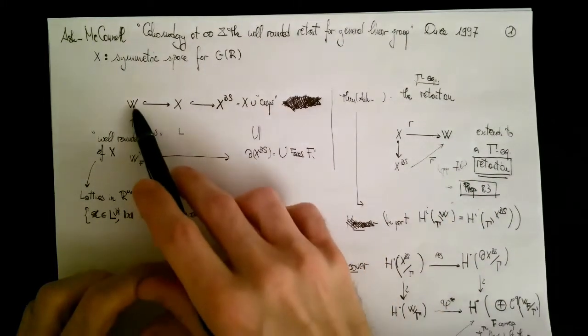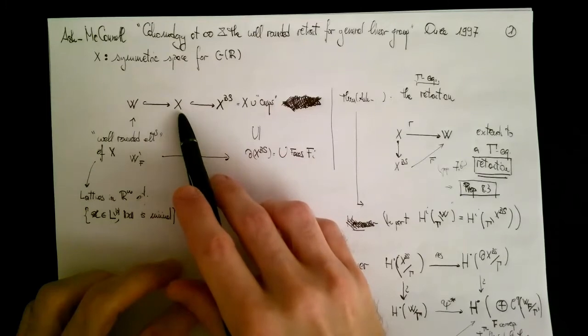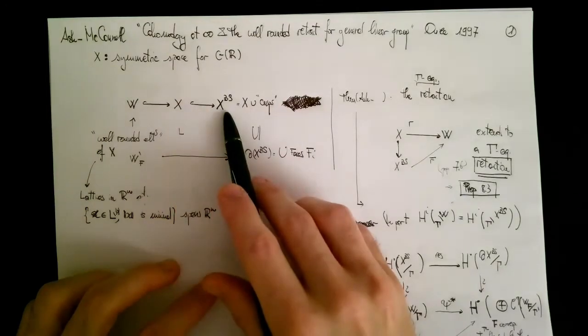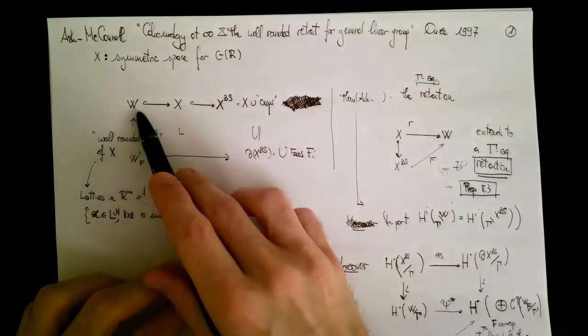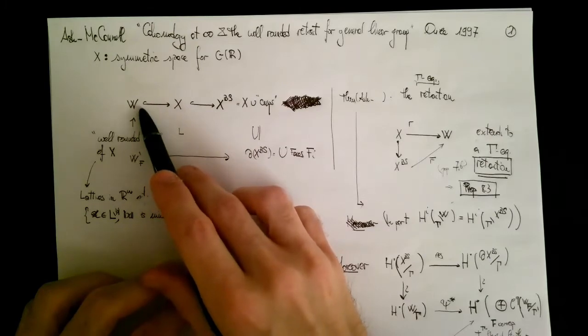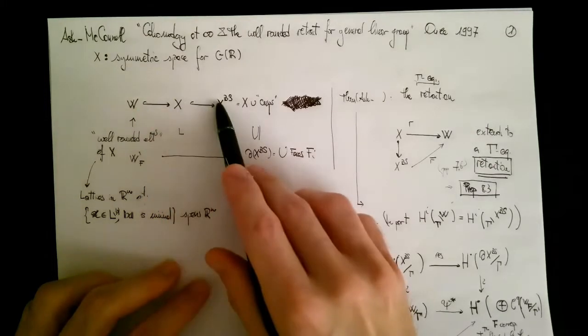The point is that here you have your symmetric space for G(R). You have the Borel-Serre compactification, and this is the subspace which will give rise to the compact deformation retract. All these maps are Gamma-equivariant.